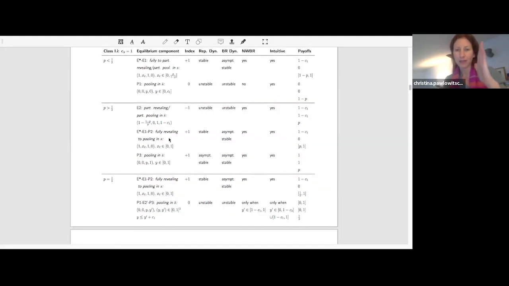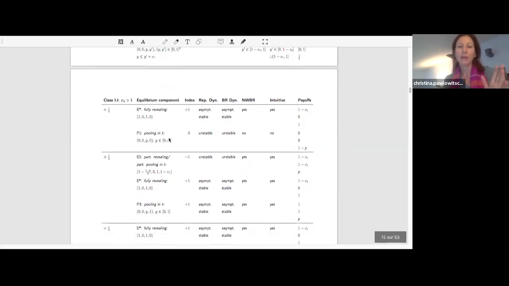Again, we do this more for analytical reasons, to look at this knife edge case. And one can also look at the case that the signaling cost for the low type is above the critical value, above 1. And in that case, only in that case, one gets so-called fully revealing equilibria. That is, equilibria where the high type sends the costly signal for sure, and the low type never sends the costly signal.